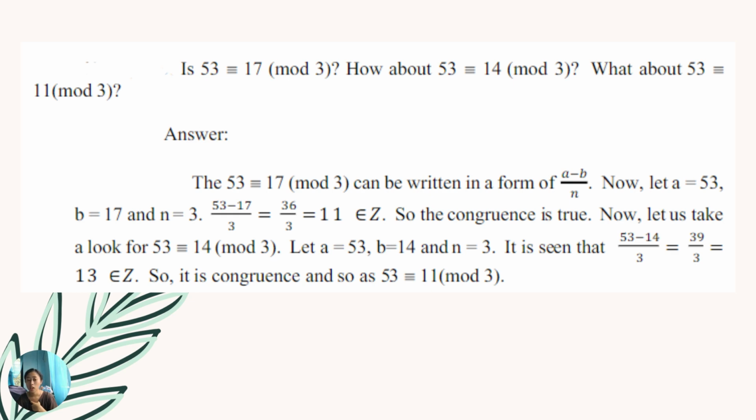But in this problem, the remainder should be the same. For all of the given numbers in modular arithmetic, when you compute them using a minus b over n, the answers should have the same remainder or be integers. Because what others do in modular arithmetic is division. But if division happens, as long as the remainder is the same throughout the given numbers, the modular arithmetic should have the same remainder.